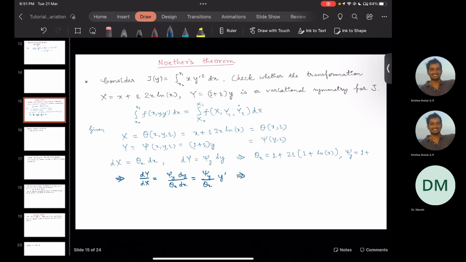So then this implies that Y prime is equal to psi y by theta x times y prime.